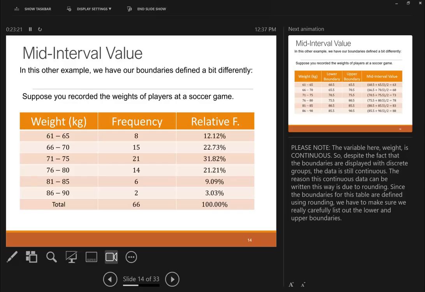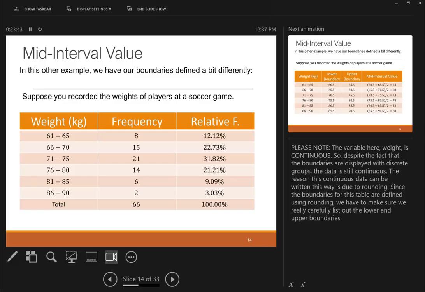What if I have this one? What's my mid-interval value for the grouping 61 to 65? 63 is correct. How'd you get that? Just add 2. Yeah, not quite though.